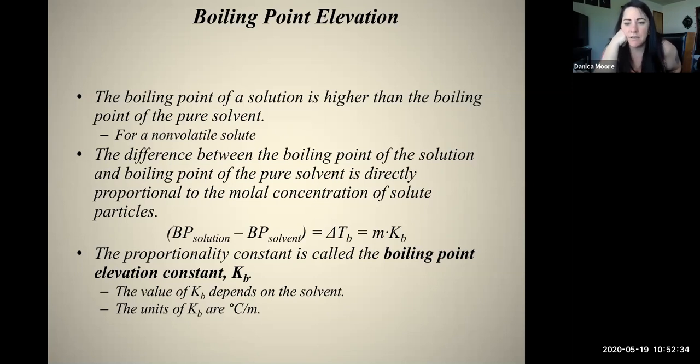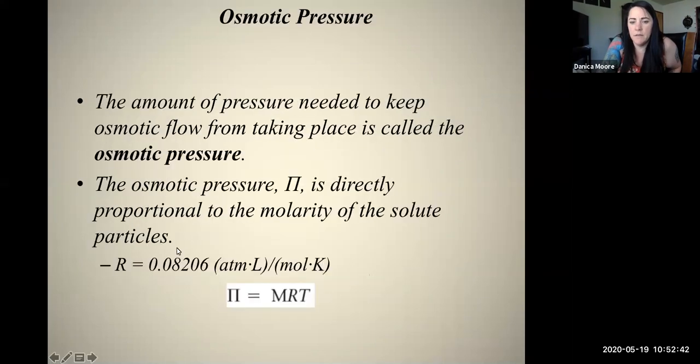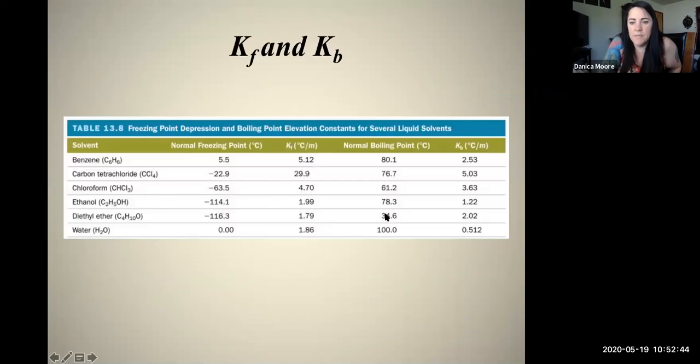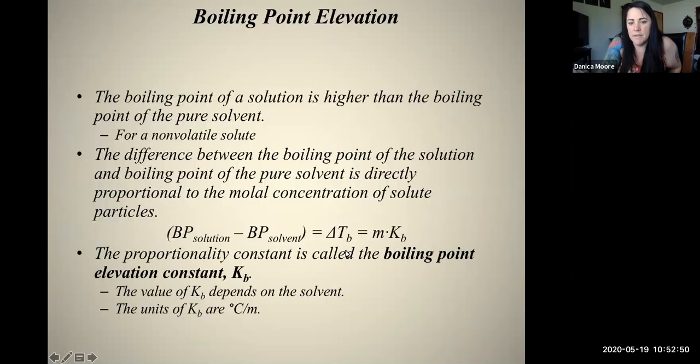That one's really hard to say. That's a pretty small number, right? And if we look at KB for water, 0.5 times 0.05, is that going to make a dent in the boiling point of water very much? It's a pretty small effect, right?